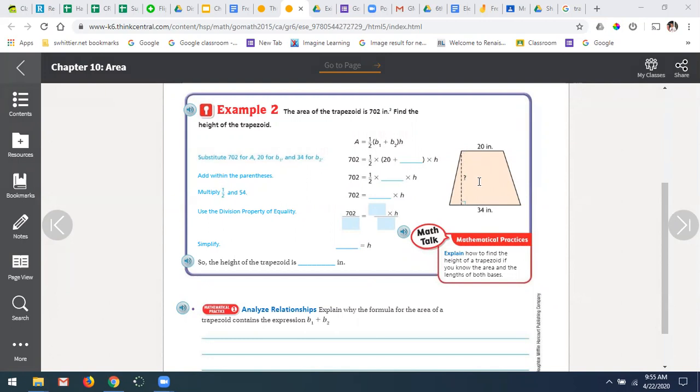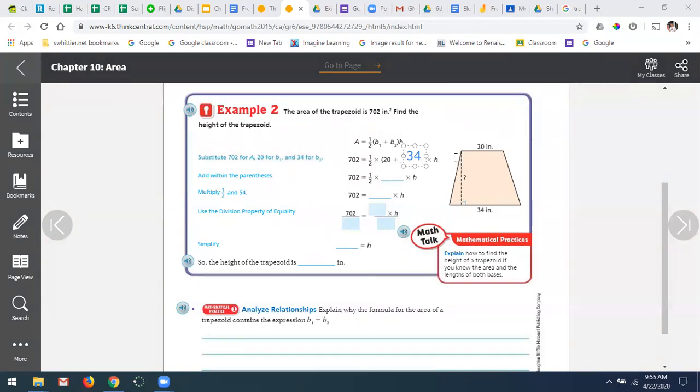And usually the bases are in between the height. So wherever that height is, that dotted line, the two that those connect, those are the bases. So we have 20, and then we have 34. Okay, and we don't know the height still.